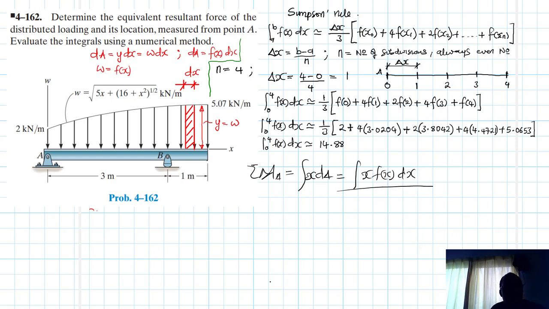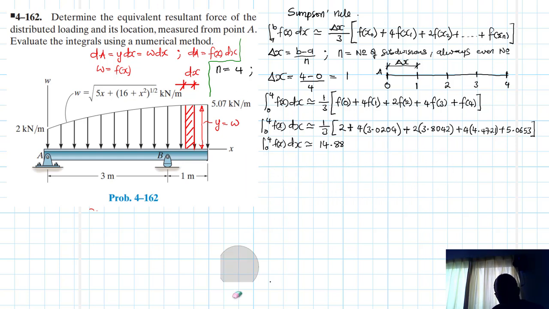So this is the moment that we need to work on. Okay, so integral from 0 to 4 x f of x dx is just going to be equal to, not equal to, approximately equal to 1 over 3.